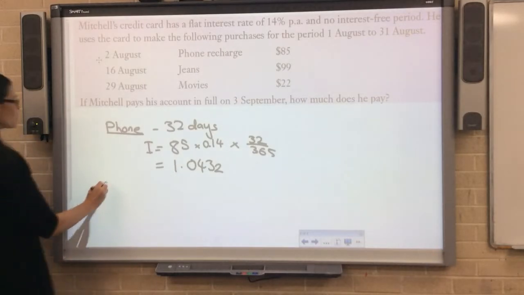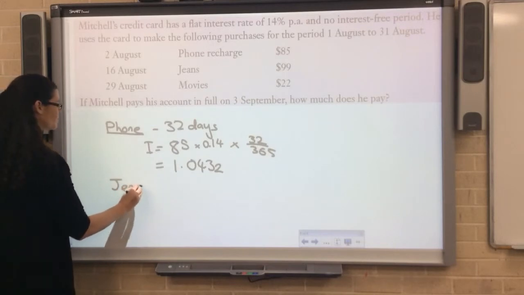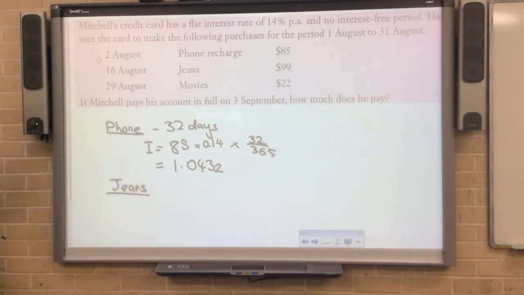So the jeans, how long do I have to pay interest for the jeans? 14 days. So I've got them on the 16th. I've got to go all the way to the end of the month plus 3 extra days. 17. Are we just guessing? How are you going to work it out? 32 minus 14. So we're going to do 31 days minus the 16 days we didn't owe them plus 3.